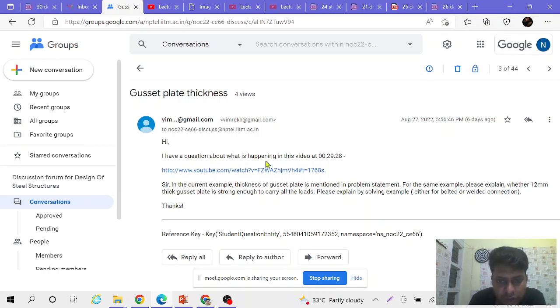In the numerical question which sir is solving, the entire question has already been solved by taking a 12 thick gusset plate. In the current example, the thickness of the gusset plate is mentioned in the problem statement. For the same example, please explain whether a 12 thick gusset plate is strong enough to carry all the loads. I think sir has already designed this, so I don't understand what exactly he is trying to ask.